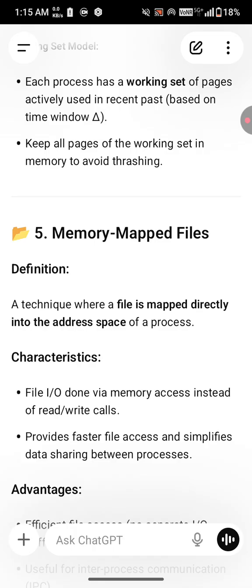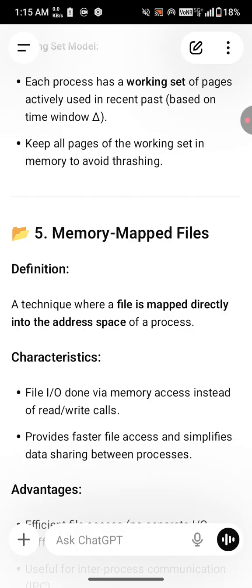After the definition of memory mapped files, here are some characteristics. First, file input output is done via memory access instead of read write calls.